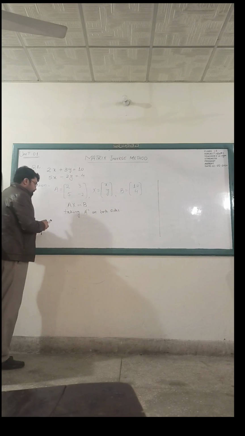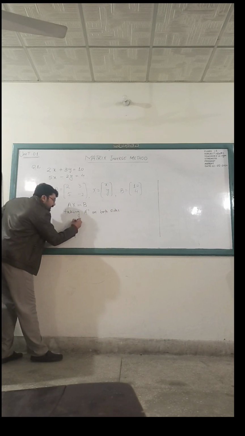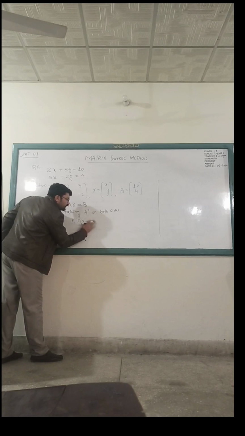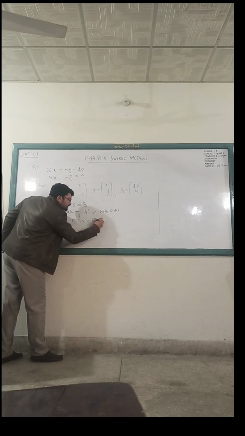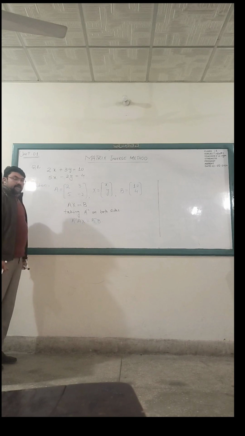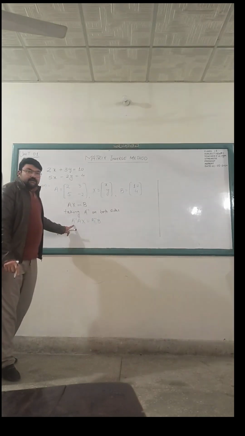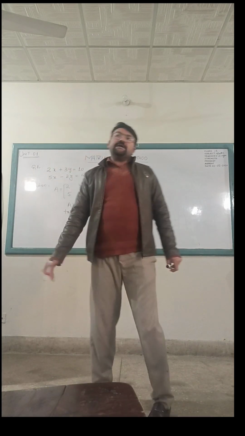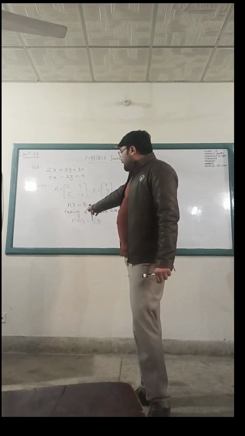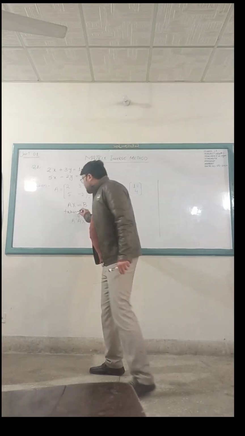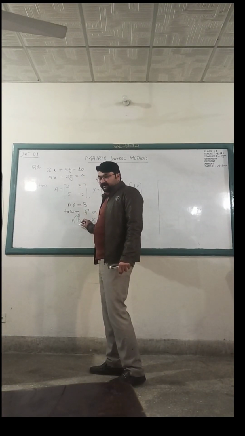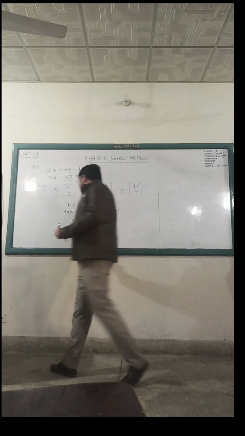It will become A inverse A X is equal to A inverse B. Okay. Now we know that if a matrix is multiplied by its inverse matrix, it will give us the identity matrix. So if we take the product of the two matrices, A inverse and matrix A, it will give us the identity matrix.